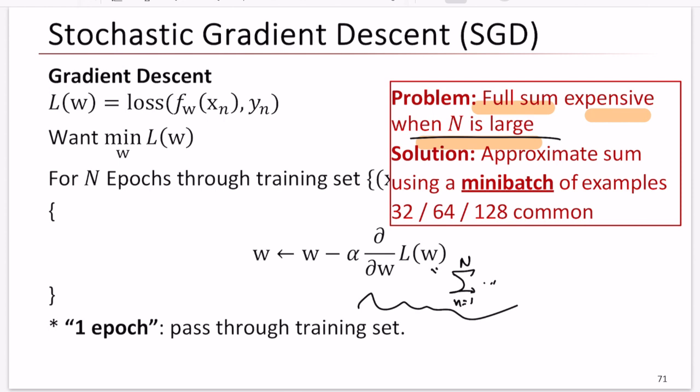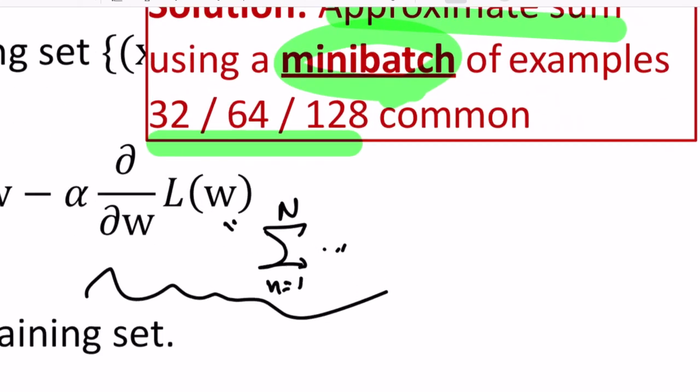So, in the deep learning era, we use the mini batch concept. We approximate the sum using a mini batch of examples: 32, 64, or 128. The concept is very, very simple.